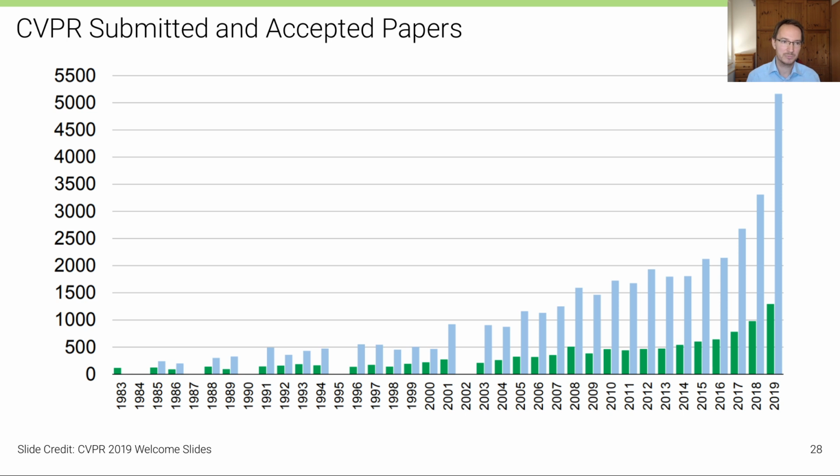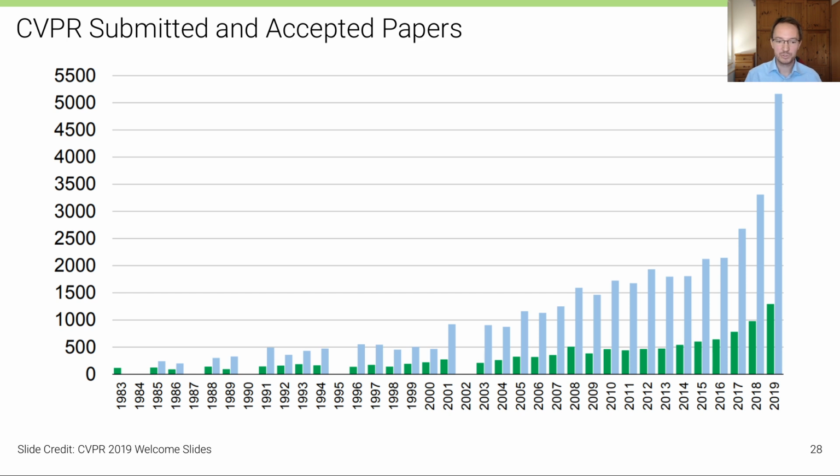Here you can see the number of submitted, in blue, and accepted papers to CVPR, one of 3 top-tier conferences in our field. You can also see that it's a relatively competitive conference where only about 1/4 of the submitted papers is accepted. But what you can see is that both the submitted and accepted papers have grown, in particular over the last 10 years or so, to numbers much larger than the size of the field in the 80s and 90s.